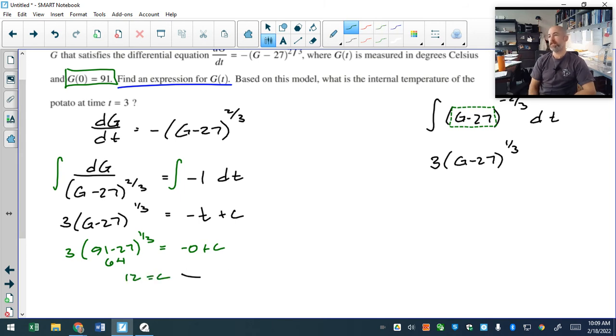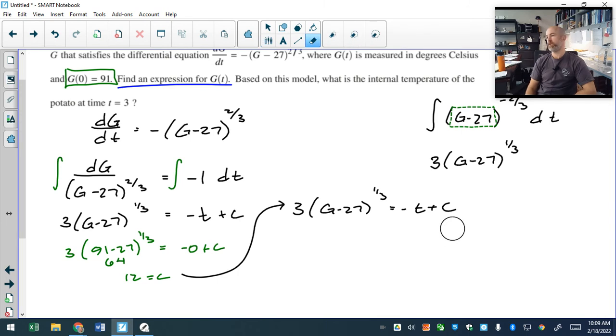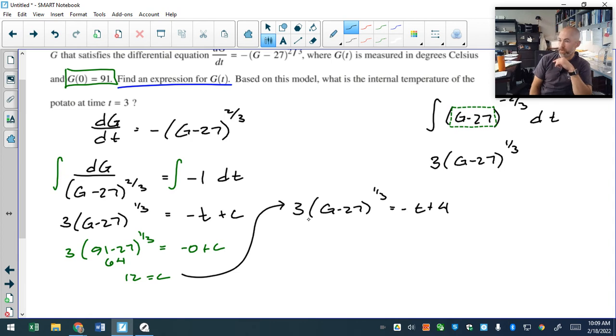So once I get c, I come back over here and I reset this equation, except I plug in the value for c. So 3 times g minus 27 to the 1/3 equals negative t plus c. It does say find an expression for g, so I still need to solve for g.